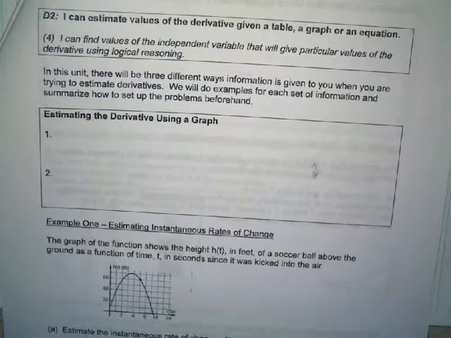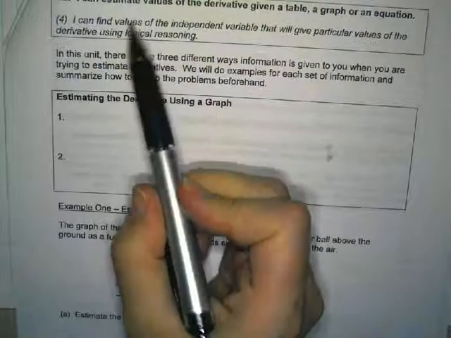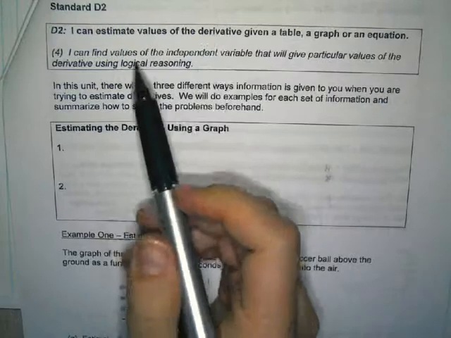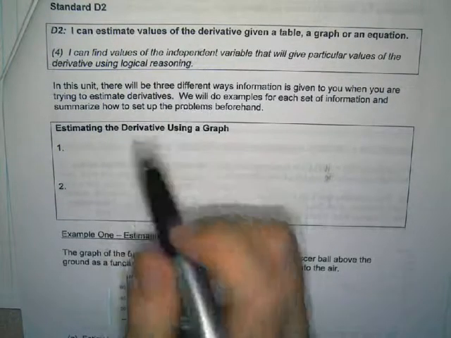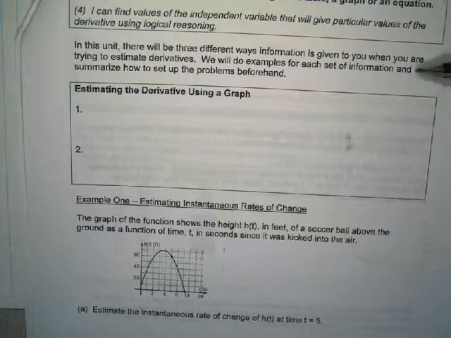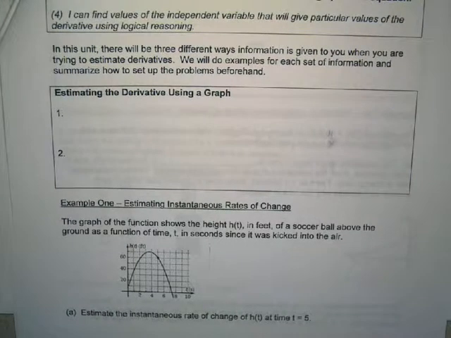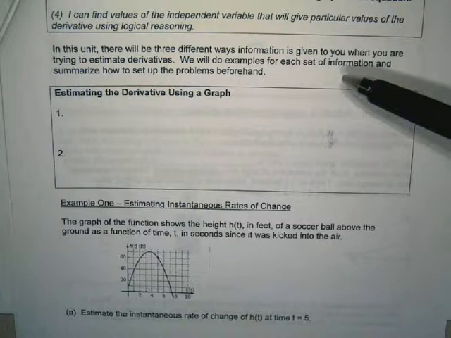Okay, so when you're given a graph, we've done an example like this already. But when you're estimating the derivative given a graph, you want to first do what? What did we do with this example? What was the first thing we did? Made the tangent line. Okay? So that's the first thing you're going to do when you're given a graph: you're going to draw a tangent line to the point in question on the graph.